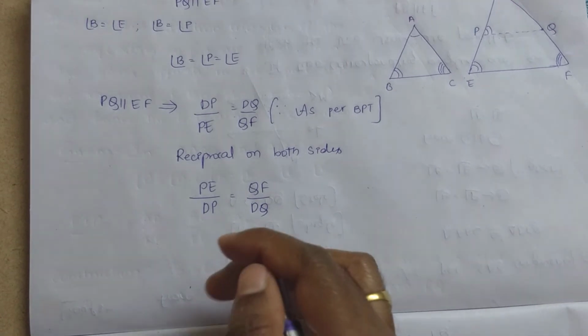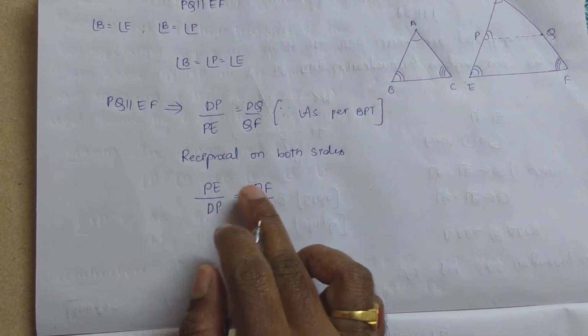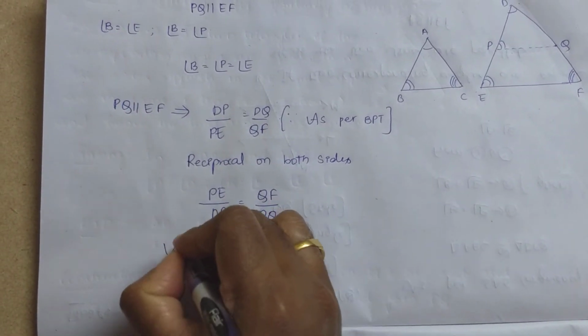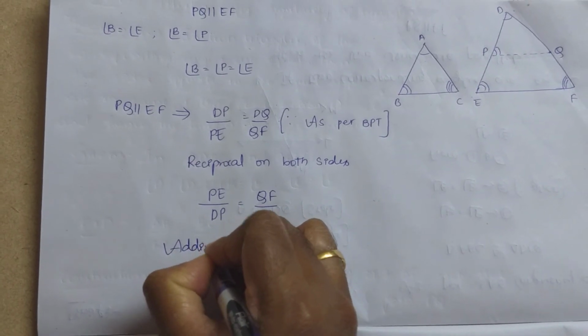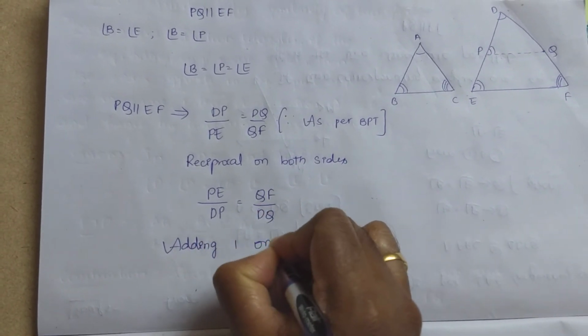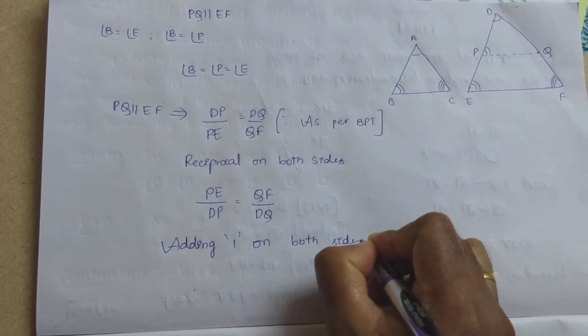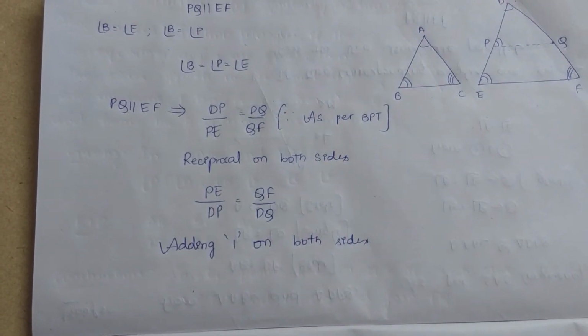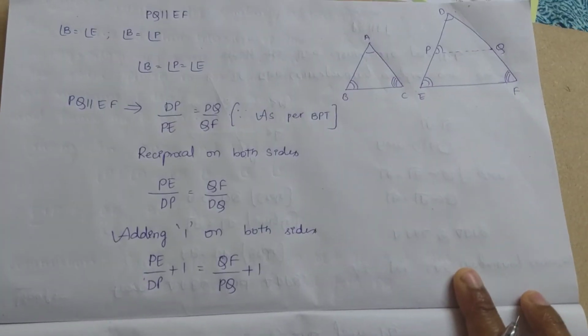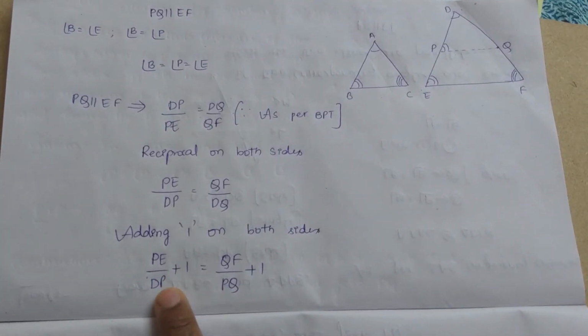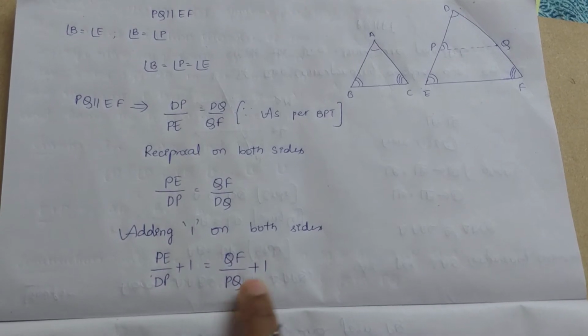After that, I just add plus 1 on both sides. Adding 1 on both sides, let's see what we get: PE by DP plus 1, QF by DQ plus 1.